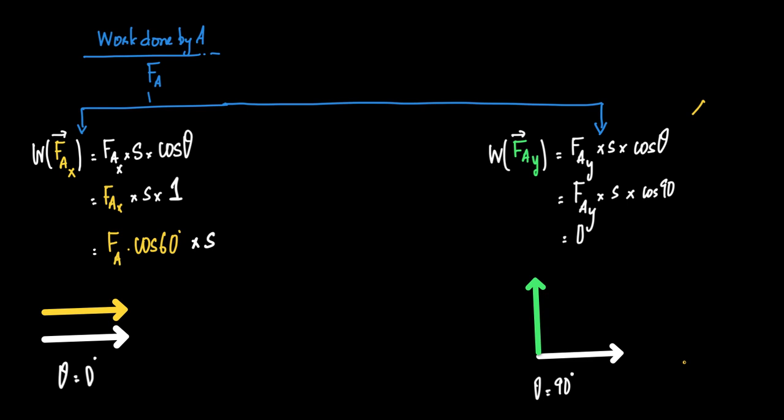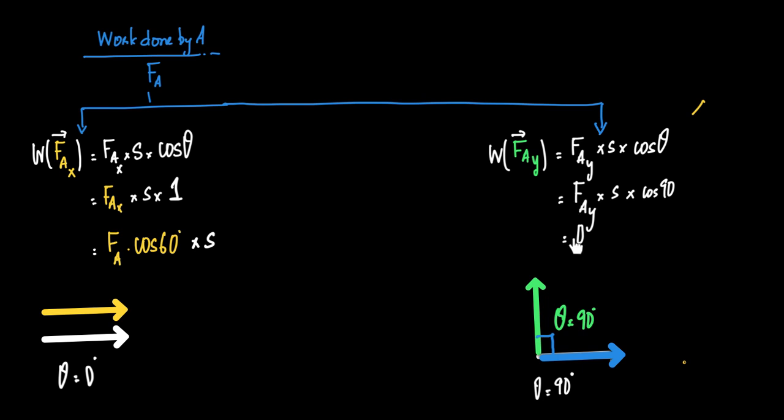Why? Because we have work done by vector Fay, which is the magnitude of vector Fay into S into cos theta. What is the direction of displacement? The direction of displacement is like this. The direction of the force under consideration is like this. What is the angle between them? The angle theta is equal to 90 degree. Therefore, what is cos theta? Cos theta is cos 90. What is cos 90? 0.